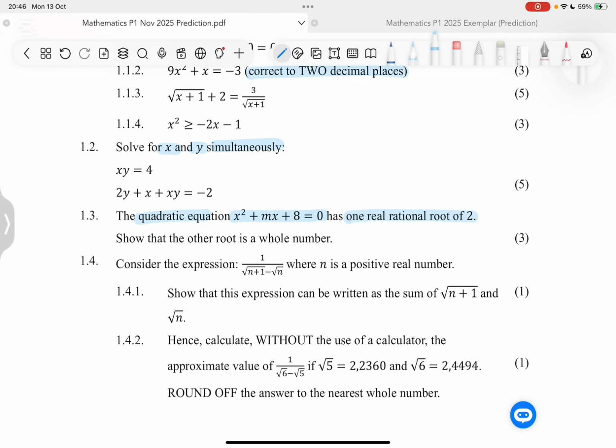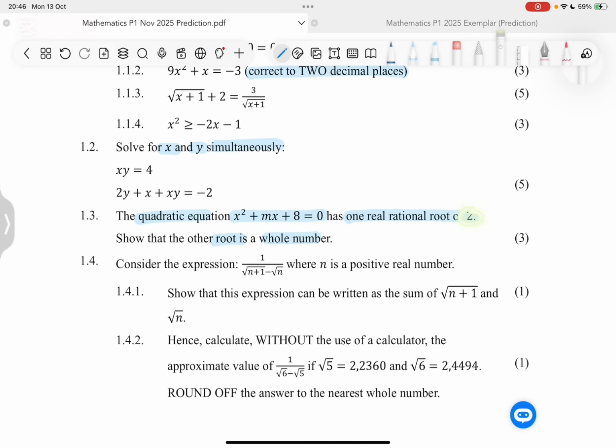Then they say show that the other root is a whole number. Very interesting question. I think here we need to break down the language. What we know is that we are given a quadratic equation, and this quadratic equation has a root or a solution, which is a real rational root of 2.